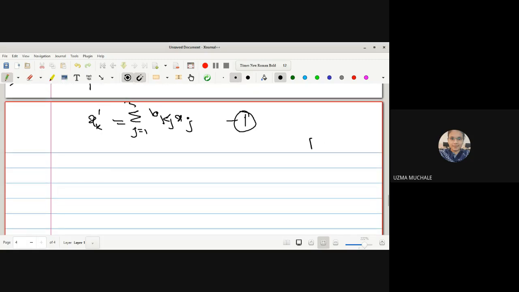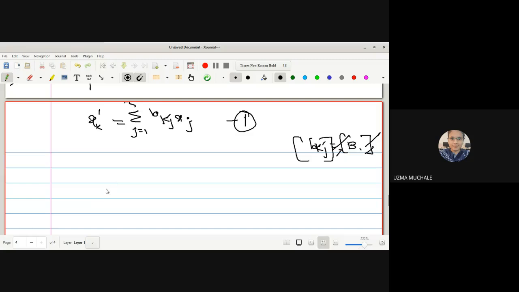What is bkj? This is a matrix, say matrix b, the matrix of transformation from x to x dash.